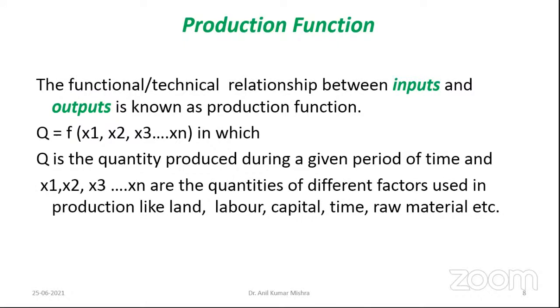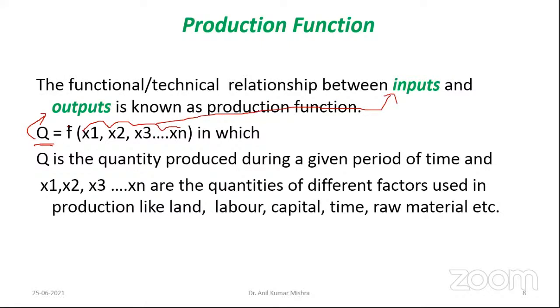If you take the equation here, Q is to be treated as the output. This is the output factor. And all these are to be treated as the inputs. These are called the input factors, right?